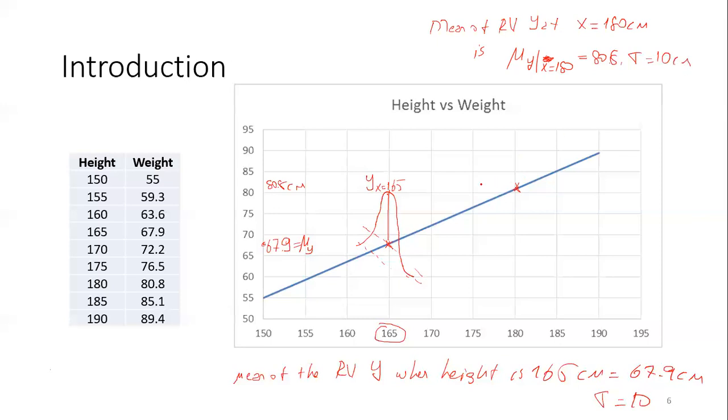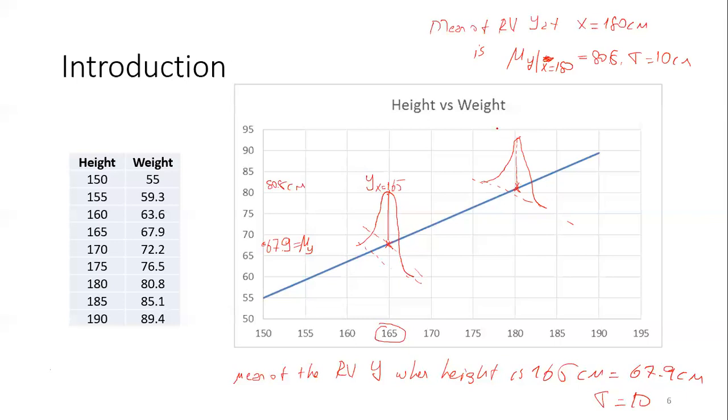So again, I have a distribution like this. It just goes like this, it comes down like this, right? And this is the axis.